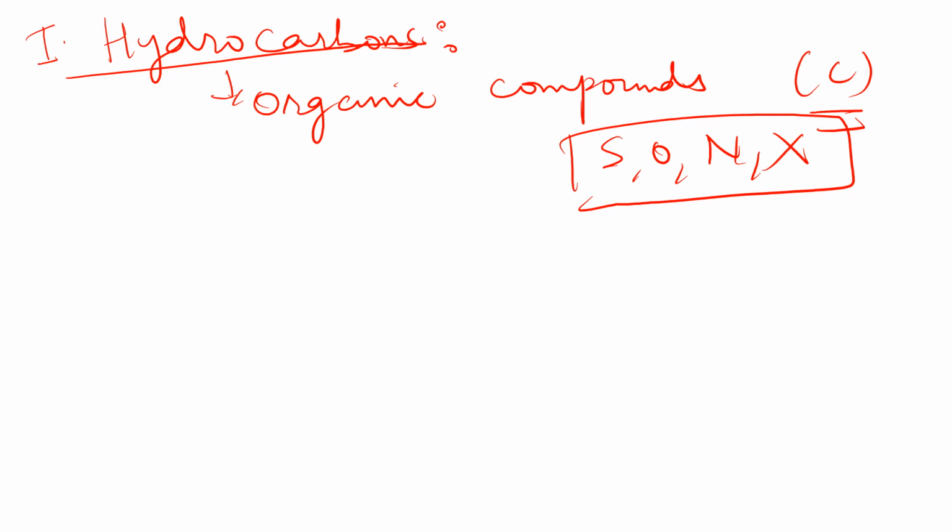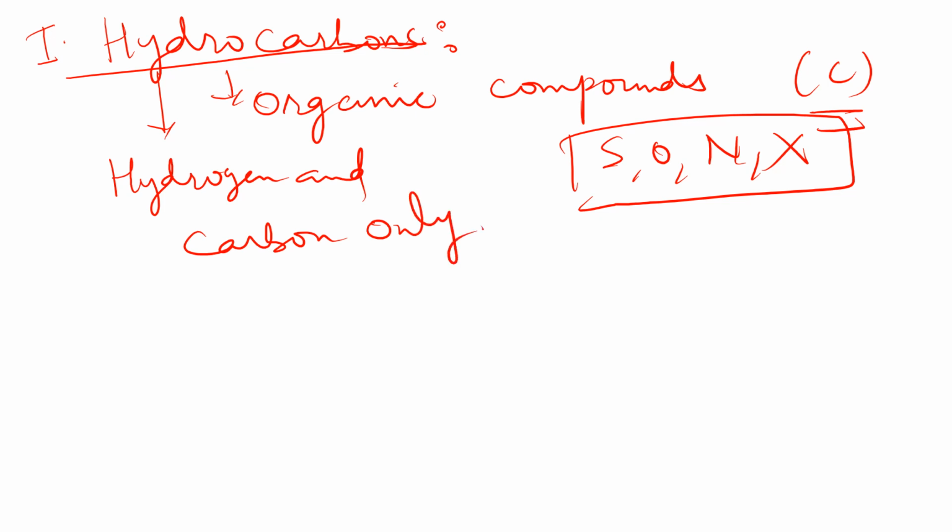As the name suggests, hydrocarbons are organic compounds made up of only hydrogen and carbon. Carbon has a very unique property of catenation.